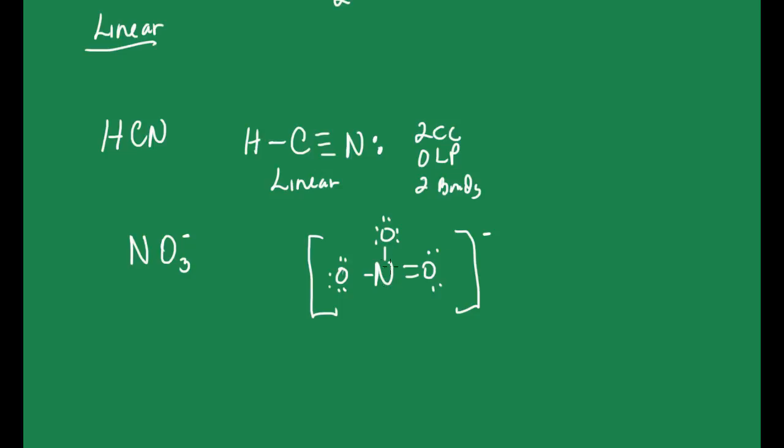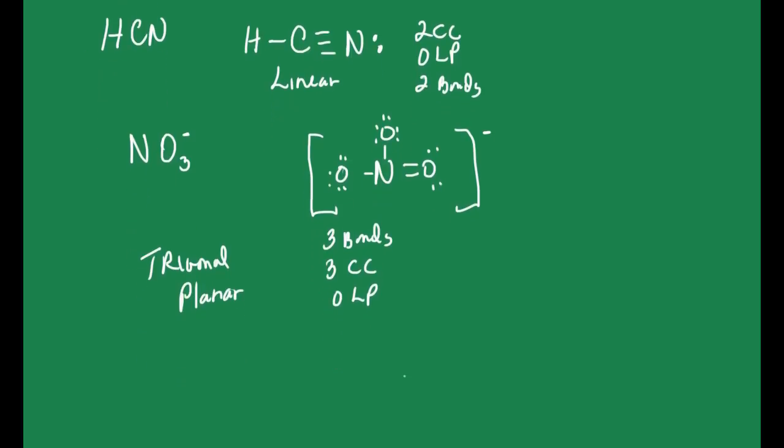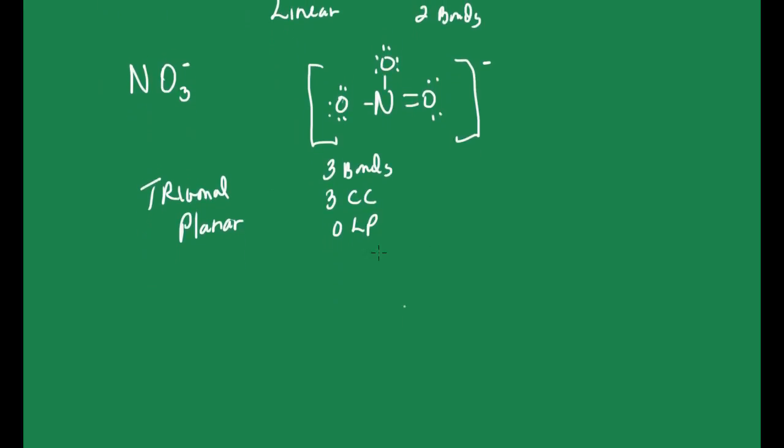And we look at the nitrogen. There are 3 bonds, 3 charge clouds, and 0 lone pairs. So what we have here is a trigonal planar. And let's do one more.